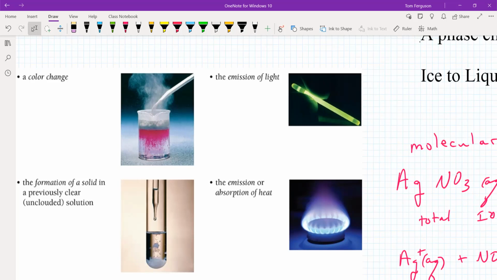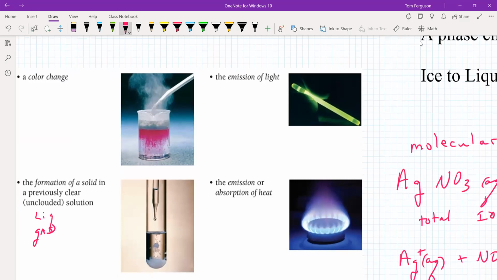Formation of a solid. When I say solid, I'm going to say solid, liquid, or gas. Any three of those qualify. Now, the problem with liquid is, how do you know the liquid formed? So if the liquid formed is also clear and also colorless, you don't really know it formed.